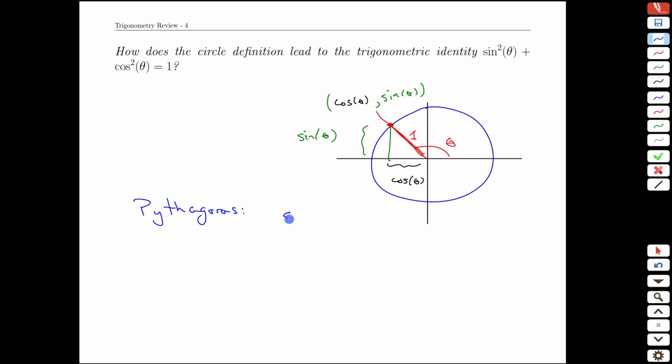We'll have sine squared theta plus cos squared theta. Those are the two sides of a right angle triangle, and they're always going to add up to the hypotenuse squared, but 1 squared is just 1. So sine squared theta plus cos squared theta equals 1, a fundamental identity of the trig functions sine and cos.